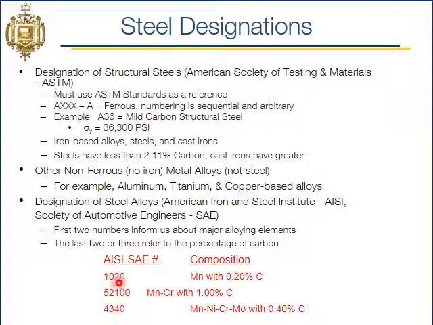So a 1020 steel means manganese is the primary alloying element, and it's 0.2% carbon. So 1045 steel would have 0.45% carbon, 1018 steel 0.18% carbon. And we saw from that video that changing the carbon content changes the strength and also changes the brittleness. So a lot of different material properties can change in steel just by changing the carbon content.